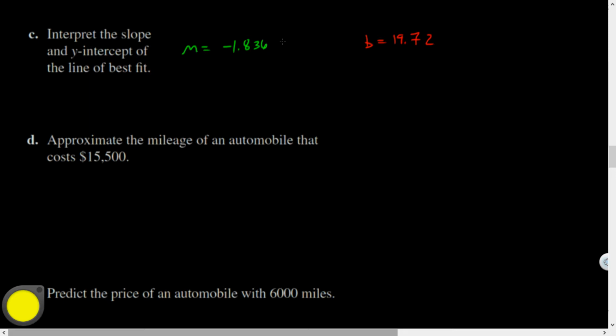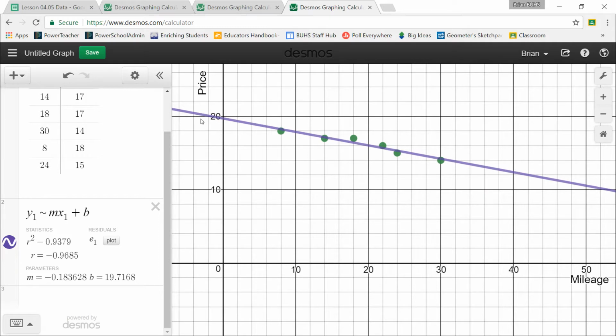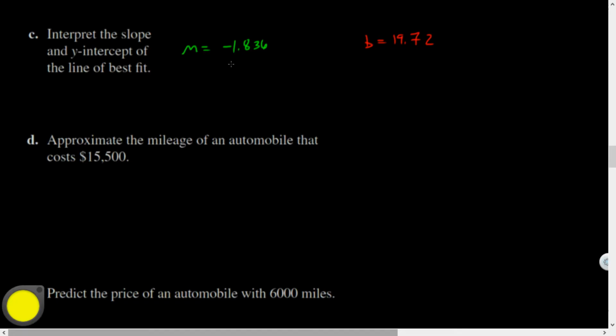Now, slope is rise over run. And in my graph, rise is the price and the run is the mileage. So if the slope is negative, that means it is decreasing. It decreases 1.836 thousand dollars. Sorry. So the price decreases by that much per... So this was in dollars and this was in miles.